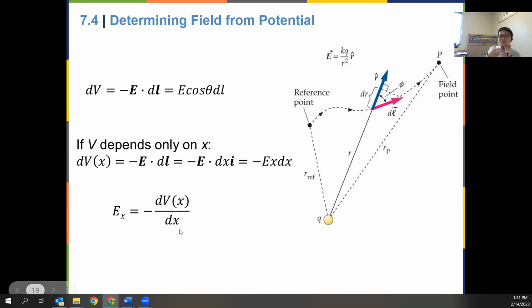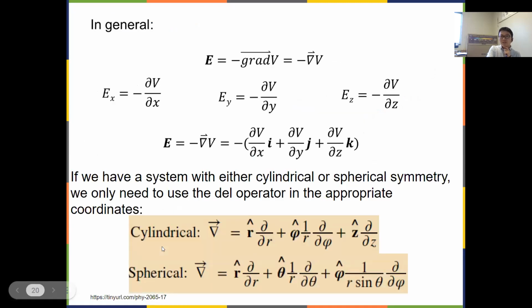The same applies to the y component and z component. So E sub y should be minus the derivative of V as a function of y over dy, and the z component will be minus dV as a function of z over dz. Okay.